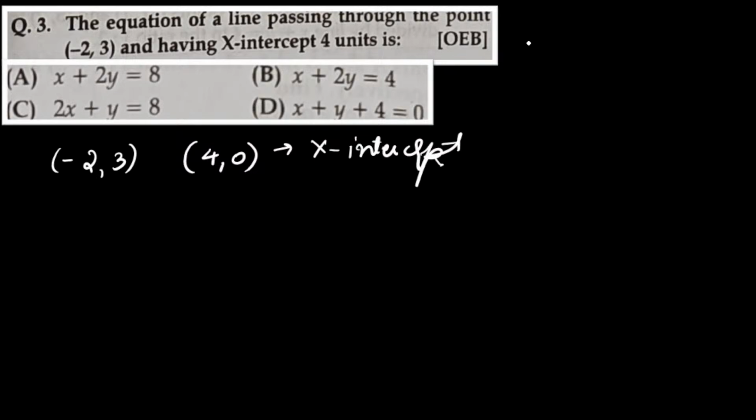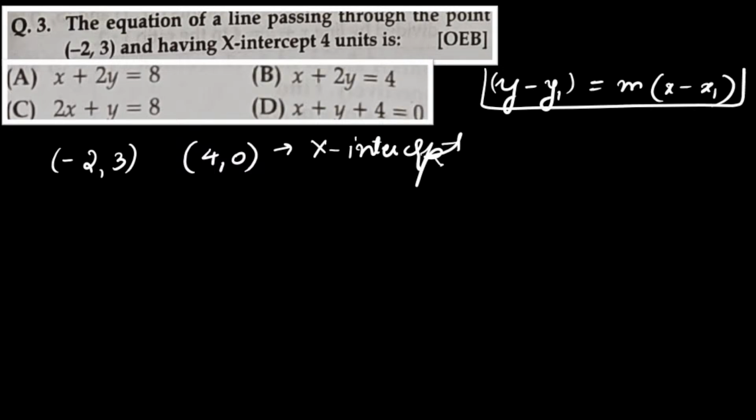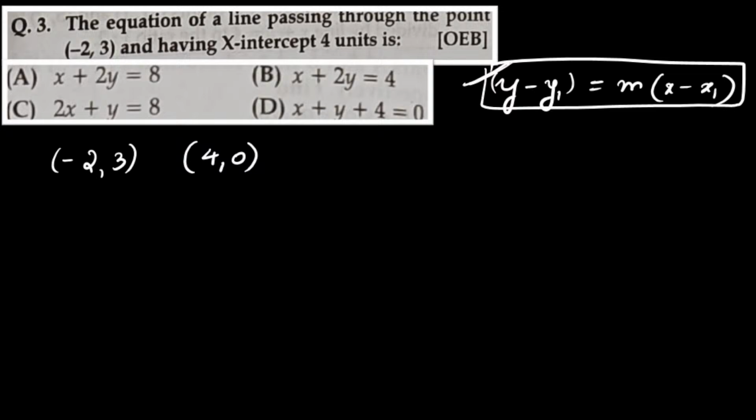Now the point form of the equation I have given you, I'll just remind you also: y minus y1 is equal to m into x minus x1. So we'll use this form of the equation to get the required equation. Whenever coordinates are given to us, we can use this form.